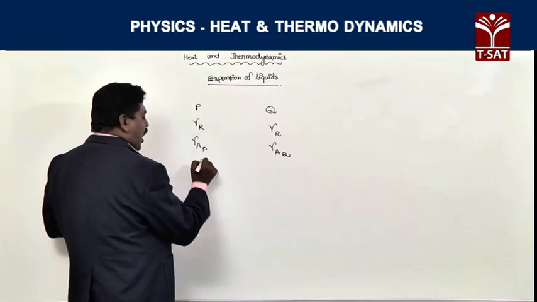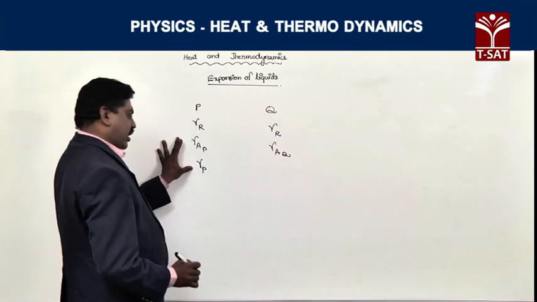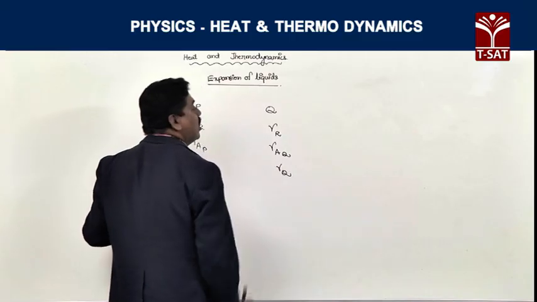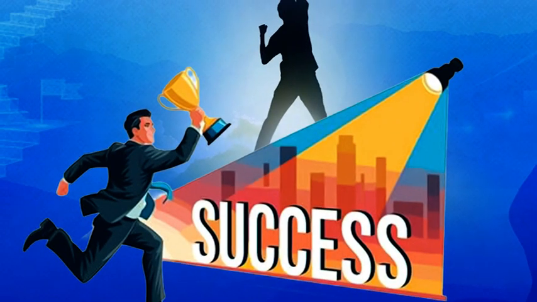Gamma P is the coefficient of container expansion, and gamma Q is the coefficient of expansion of the second container.